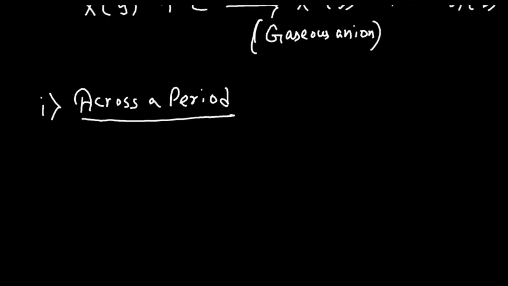So, talking about elements across the period, we know on moving from left to right, the size of the element decreases with increase in atomic number. On the other hand, the effective nuclear charge, that is the Z star, increases with decrease in size.